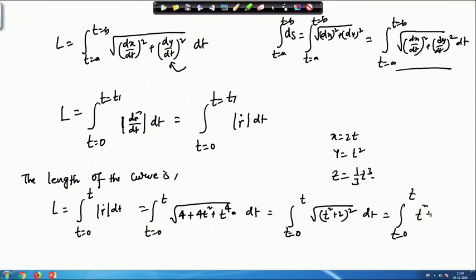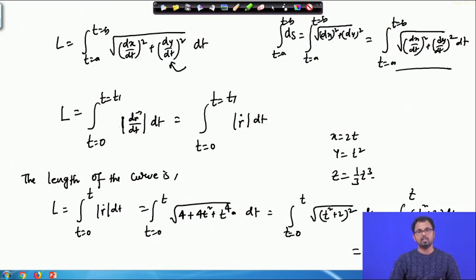So this is the integral of t square plus 2 dt, and if we integrate, then this will be 2t plus 1 by 3 t cube. So this is the required answer. If we substitute, let us say t equals 1, then this will be 2 plus 1 by 3, so 7 by 3 would be the required length, and of course you can substitute the unit over there.